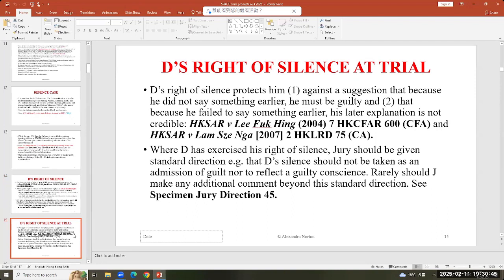So the first aspect of the right of silence is that sometimes if somebody stays silent, it may lead to an assumption or an inference that actually they're guilty, because they're not responding to a false allegation against them. But the second part of it is that if they do say something at some point, the fact that they didn't raise it initially must mean that any later explanation is not credible.